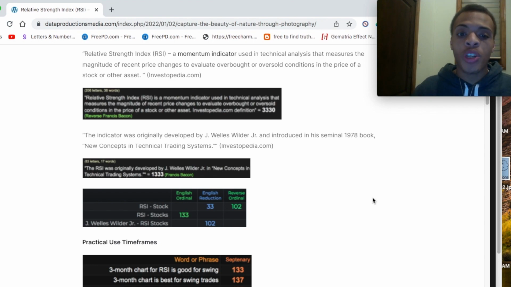The indicator was originally developed by J. Wells Wilder Jr. and introduced in his seminal 1978 book, New Concepts in Technical Trading Systems. Investopedia.com. I go to Investopedia for these definitions and this information.